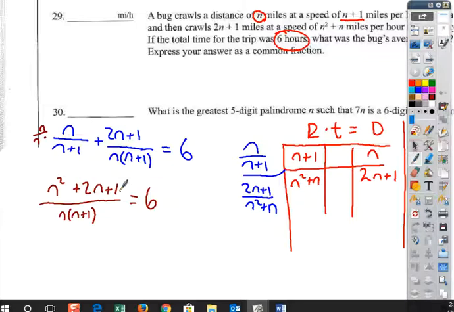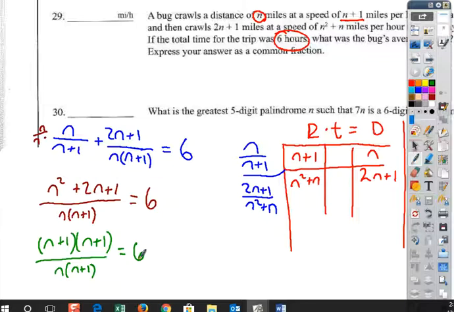I'm willing to bet that n plus 1 times n plus 1 would equal n squared plus 2n plus 1. Because 1 times 1 is 1, 1 plus 1 is 2. So I can go ahead and factor it in that manner.